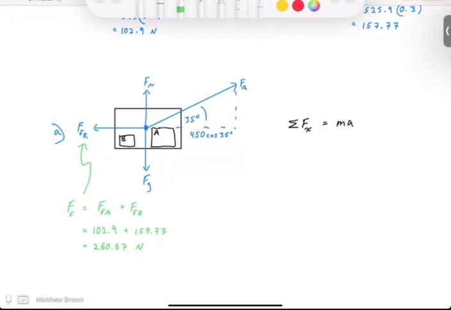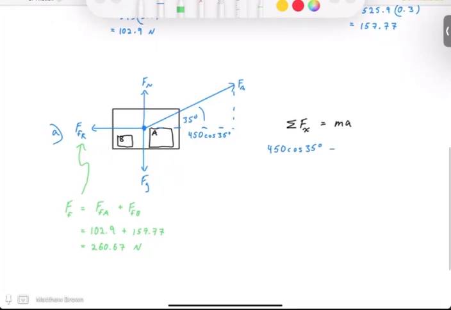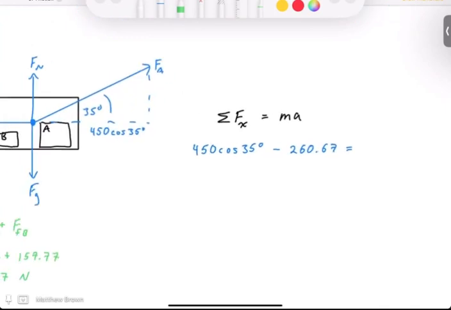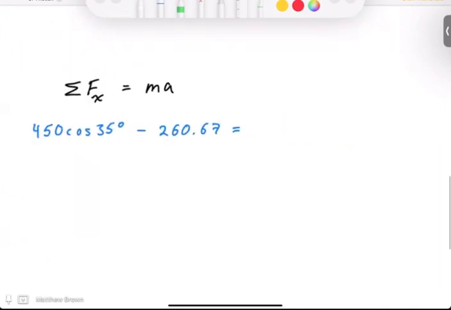And then I've got friction pulling against me, minus 260.67, and that has to equal the total mass, which is the 80 plus 35, times the acceleration.